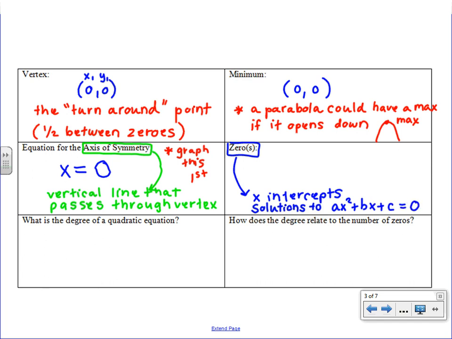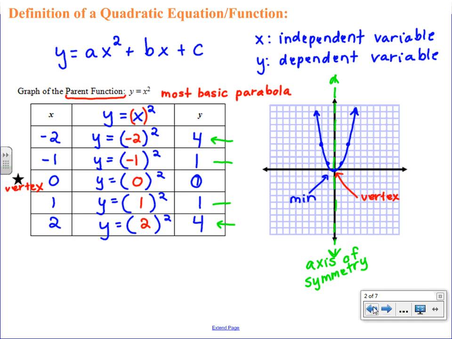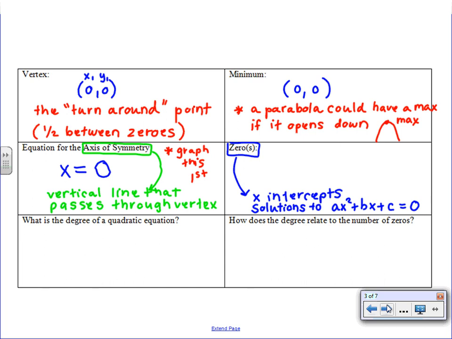So if you use the x method or difference of two squares, however you factor, those answers are going to give you the x-intercepts. Now if we look back to our particular graph here, the 0 is also the vertex, which is also the min. Now remember, this is only true for the parent function. It's not true for every parabola, but just for this parent. And so the zeros of our parent function, we just have one, and it's the vertex.